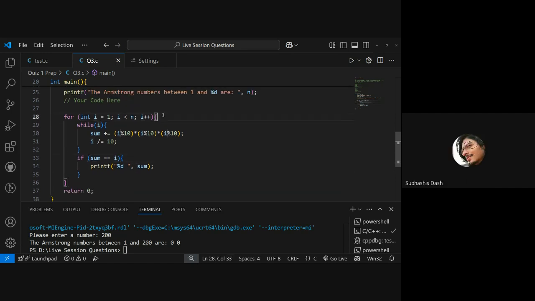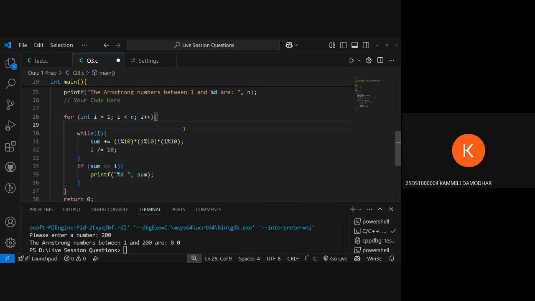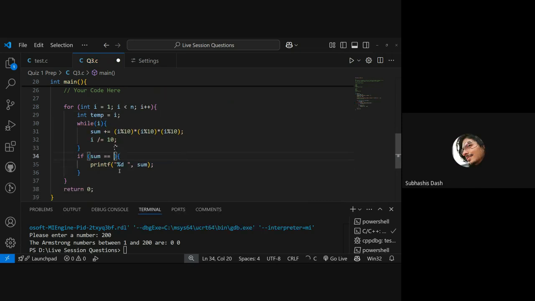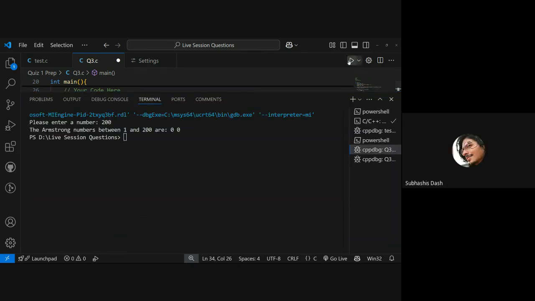Oh, modulus 10, right. Yeah, I get you. That is what you're telling, right? Since sum is never going to be zero. Yes. Good catch, good catch. Yeah, so now if we run this, it should work.